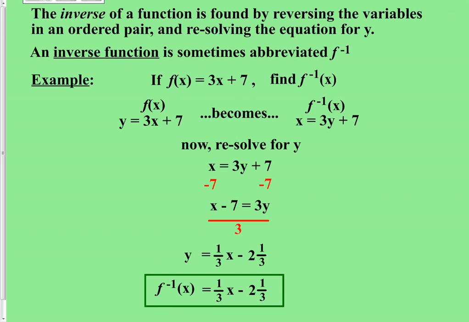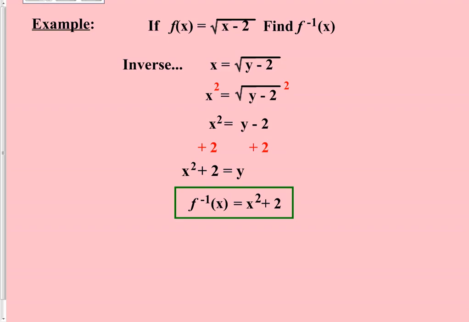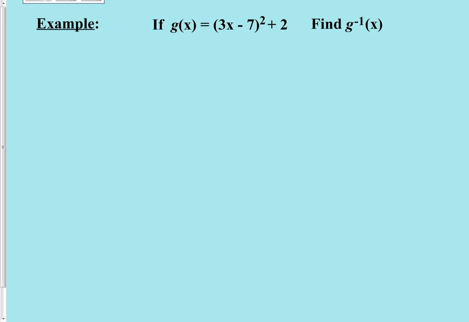So all you need to do now is follow your basic Algebra 1 steps for solving an equation and resolve the equation for y. Get y back by itself. Once you've done that, you have found the inverse. We worked through some examples, and you're more than welcome to look back at that lesson if you are struggling with that. But very simple concept. No reason for us to still be missing that.